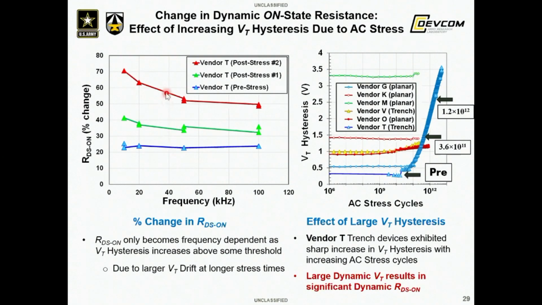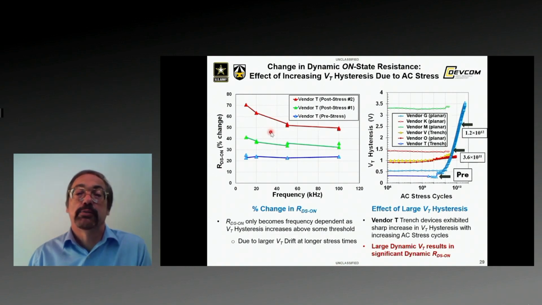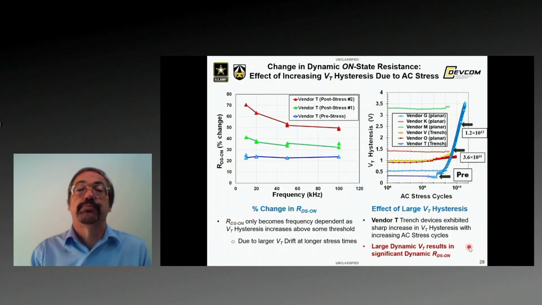These are all room temperature in this case, for more than 10 to 12 cycles. We don't have the measurement out to 10 to 13 cycles when we saw a 3.5 volt shift, but presumably that would be an even larger dynamic R-on effect in that case. So once again, large dynamic VT results in significant dynamic RDS on.